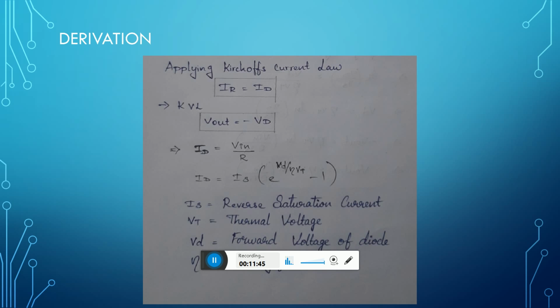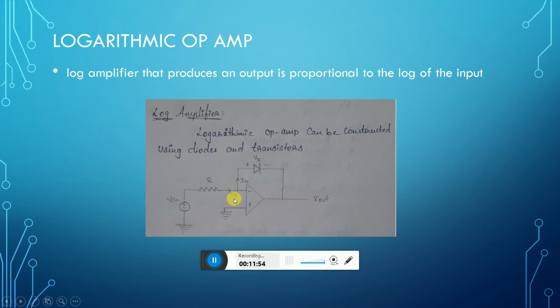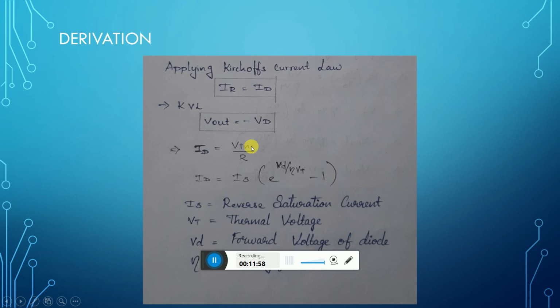Before deriving, ID equals V in by R, that is, the voltage input divided by R, and ID equals Is e power Vd by eta Vt, minus 1, where Is is the reverse saturation current, Vt is the thermal voltage, Vd is the forward voltage, and eta is the ideality factor that lies between 1 and 2.